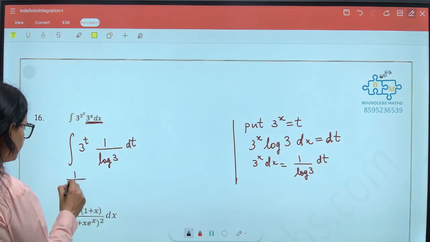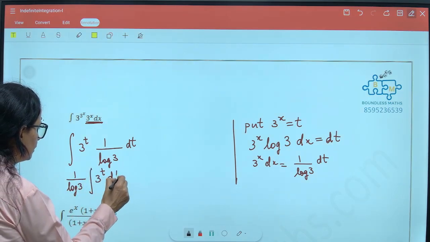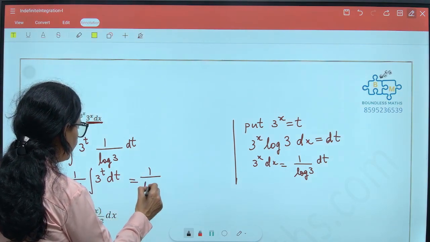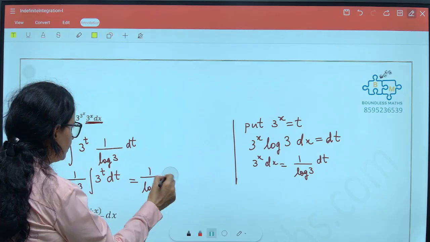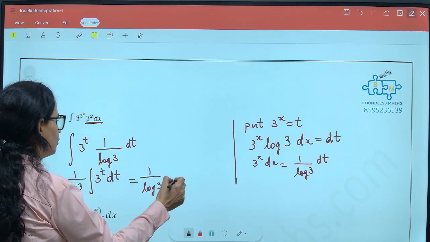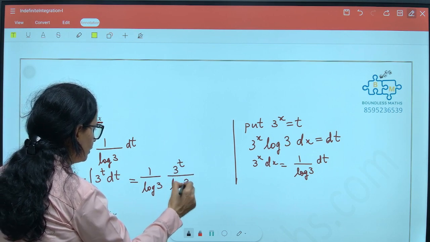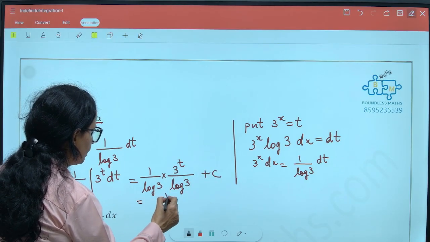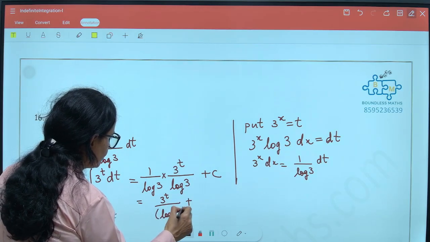And I need to integrate 3 to the power t dt. What is the integral of a to the power x? It is a to the power x upon log a. So that means it is going to be 1 upon log 3 multiplied, because this is just outside. Integral of 3 to the power t is 3 to the power t upon log of 3 plus the constant. So this actually becomes 3 to the power t upon (log 3) whole square plus the constant of integration.